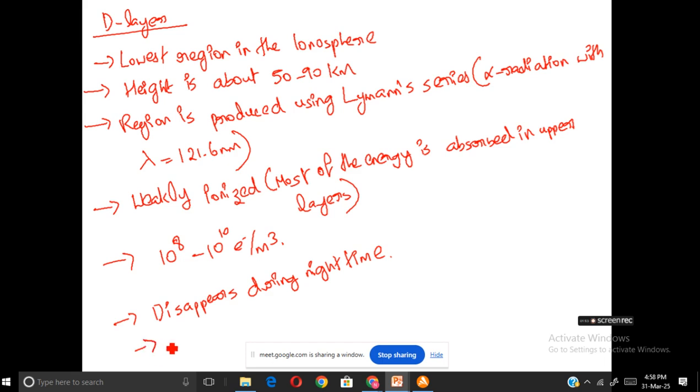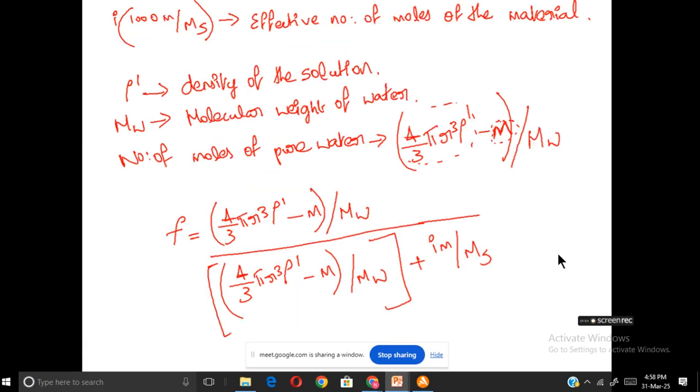This is generally produced due to the ionization of nitrogen oxide, NO. Peak production happens at 70 to 95 kilometers. That is about the D layer.